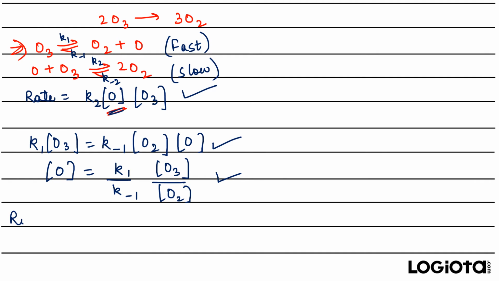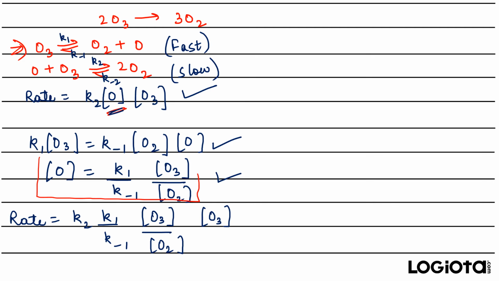So the rate will be equal to K2 multiplied by K1 over K minus 1 multiplied by O3 upon O2 multiplied by O3, right? So what I did is I put this whole thing in this equation, right? And this O3 is this one.